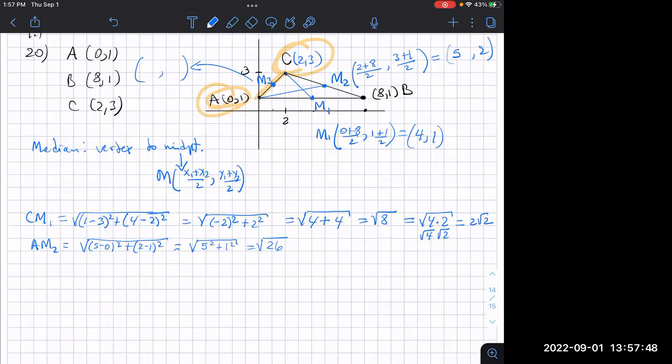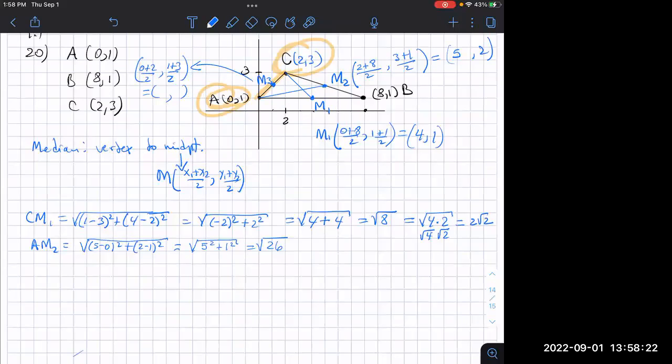So it's the average of the X components and the average of the Y components. I got 3.5 and 2.5.